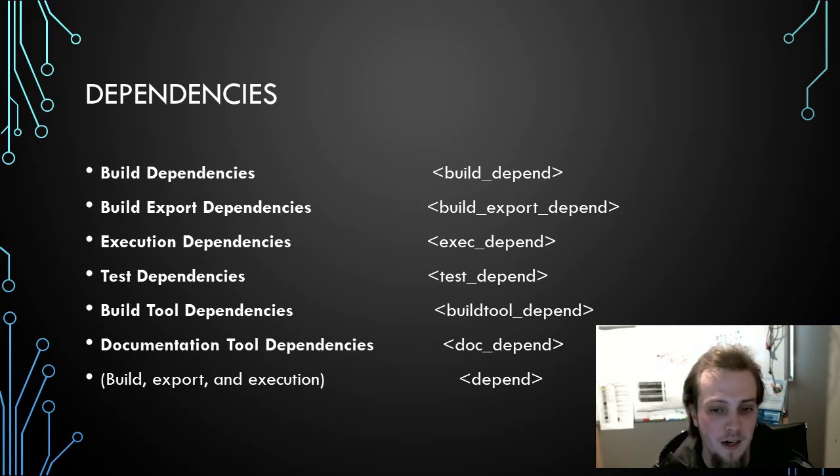Okay. However, you should really only need catkin for this at this stage. And lastly, we have documentation tool dependencies, which, as the name states, is for packages for documentation.